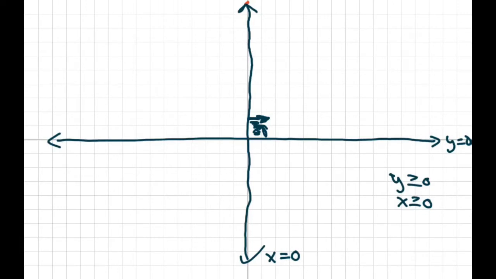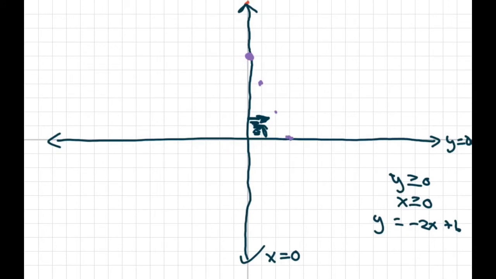Now the other two lines, let's go ahead and graph those. We had y equals negative 2x plus 6. So I know my y-intercept is 6: 1, 2, 3, 4, 5, 6. And my slope is negative, so I'm going to go down 2 over 1, down 2 over 1, down 2 over 1.